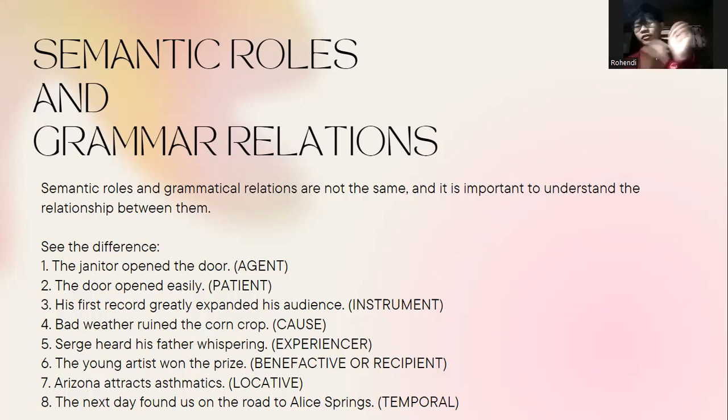So we're going to talk about this, and let's see what the difference and the relation is. Here we have a slide that declares that semantic roles and grammatical relations are not the same, and it is important to understand the relationship between them.